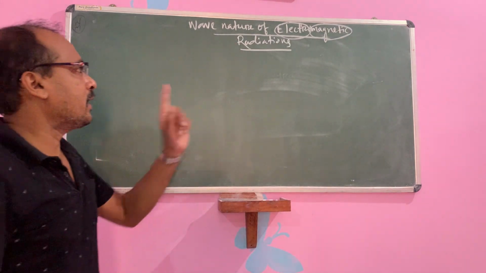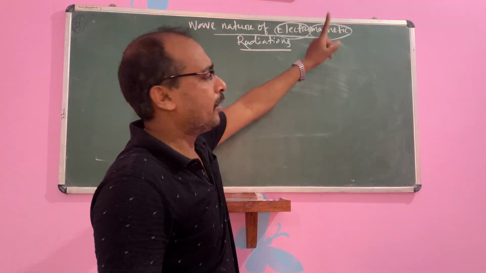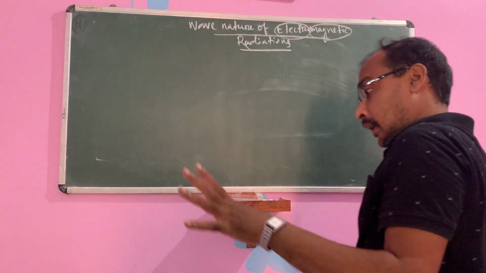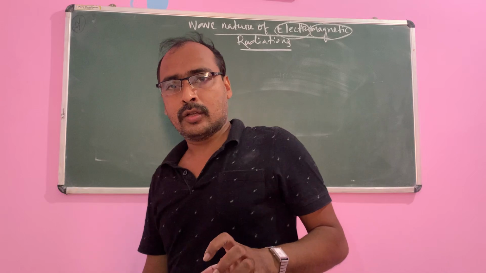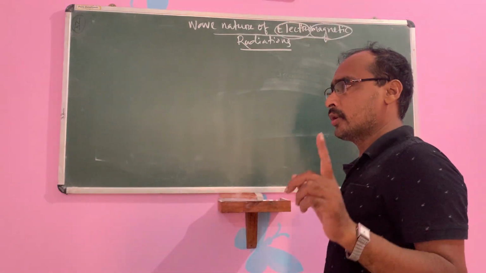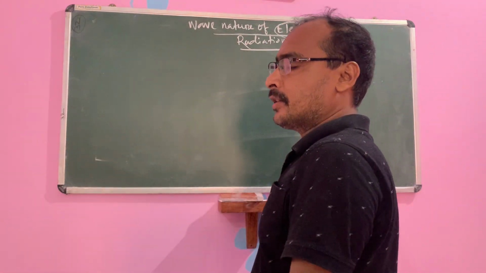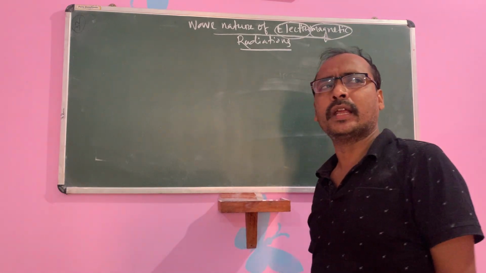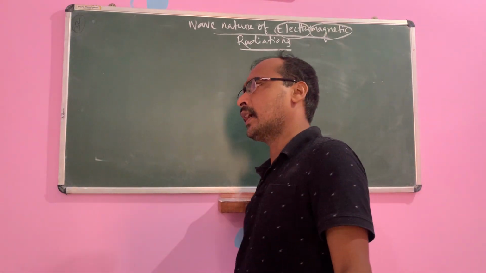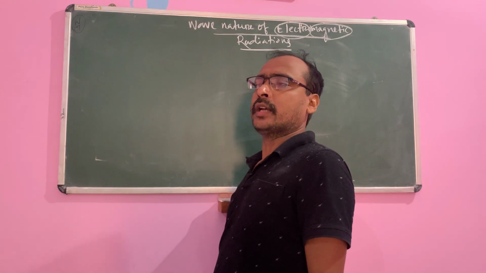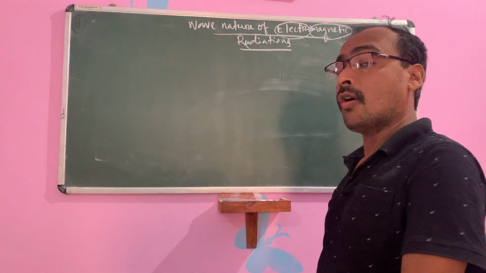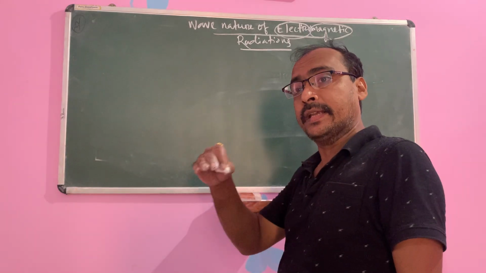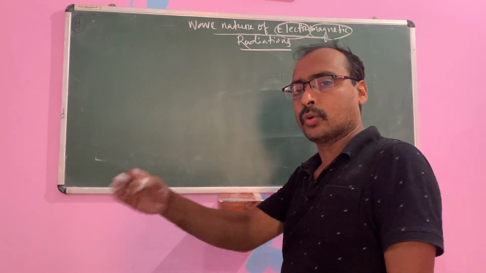It means radiation having both electric field and magnetic field. I am giving some examples of radiations to you: sunlight, light, X-ray, gamma ray, beta ray, UV (ultraviolet), infrared, radio waves. All these rays are known as electromagnetic radiations. All these rays have both electric field and magnetic field.